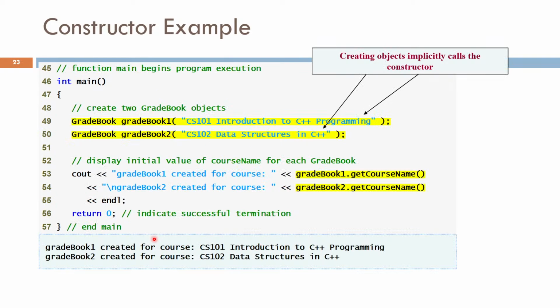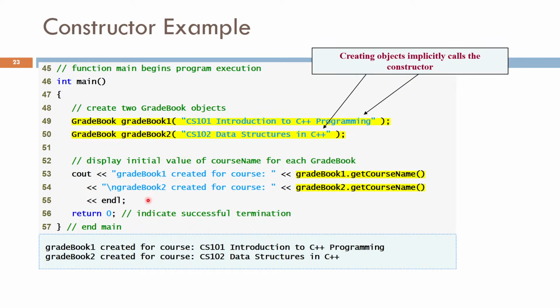So that sequence of instructions is what happens when you create the first gradebook 1 object here. You want to store this input string, between the brackets, into a private data member variable in our class. The same operations happen when you create gradebook 2.